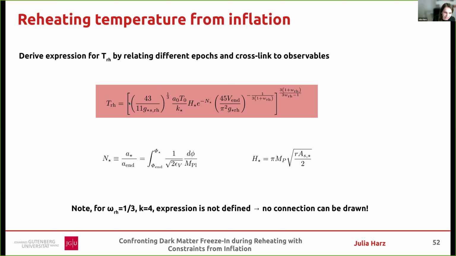Because if I start from an inflationary model, I can get an expression for the reheating temperature. This depends, for instance, on the number of E-folds or the Hubble parameter at the end of inflation. The Hubble parameter depends on the observables. And by doing this, I can connect constraints on the observables to constraints on the reheating temperatures.